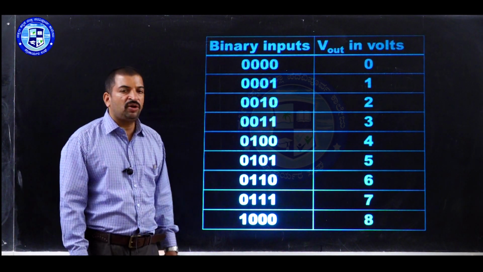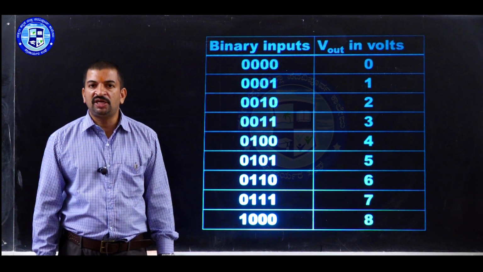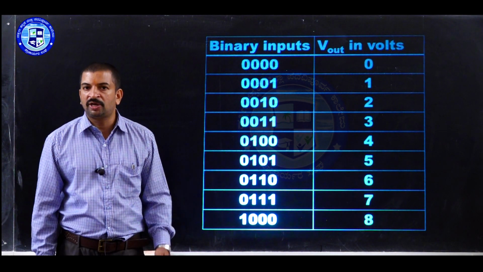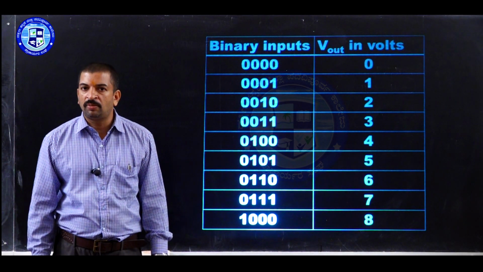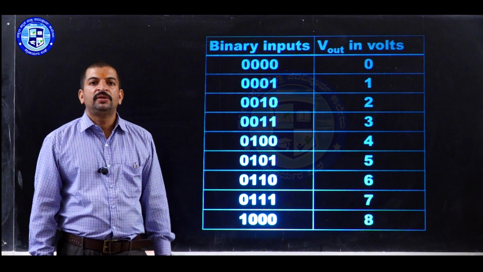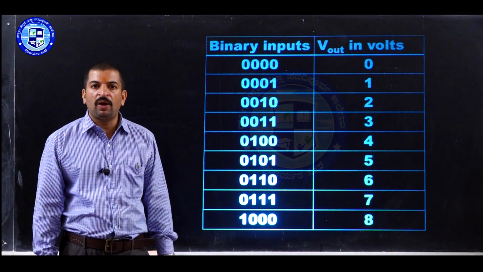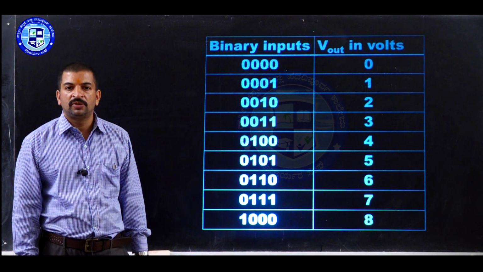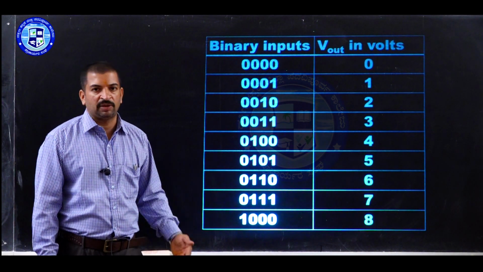For 0, 0, 1, 0, output becomes 2 volts. For 0, 0, 1, 1, output becomes 3 volts. For 0, 1, 0, 0, output becomes 4 volts. For 0, 1, 0, 1, output becomes 5 volts. For 0, 1, 1, 0, output becomes 6 volts. For 0, 1, 1, 1, output is 7 volts.